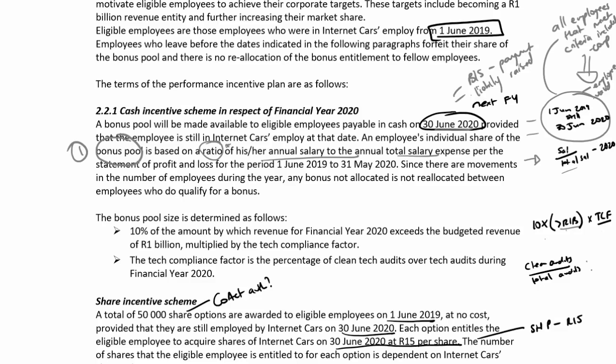So the bonus pool is 10% of the amount by which actual revenue exceeds the 1 billion, multiplied by the tech compliance factor. So I need to test revenue in the financials, make sure I get the amount, do the calc to determine what the excess is, and then apply 10% of that, and then test the tech compliance factor, clean audits to total audits.